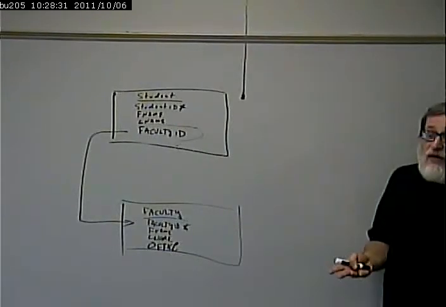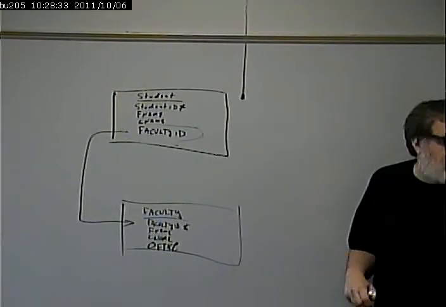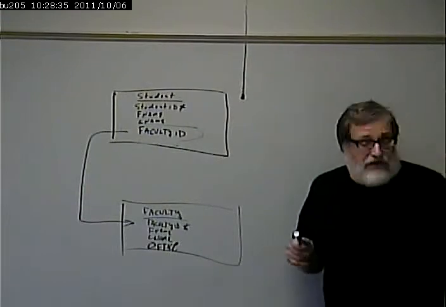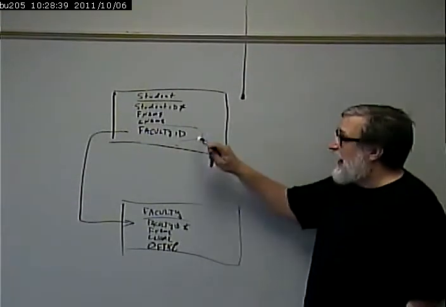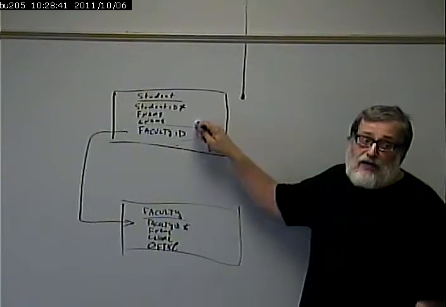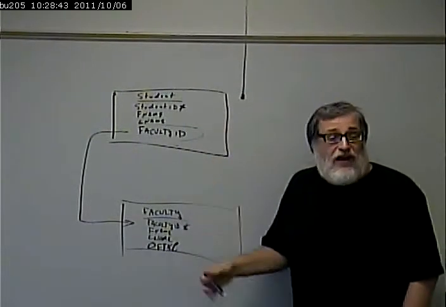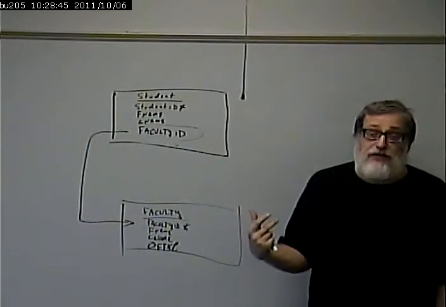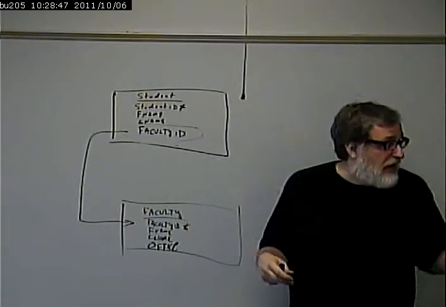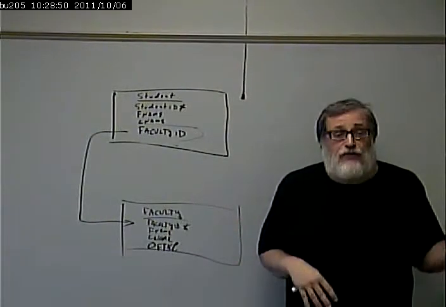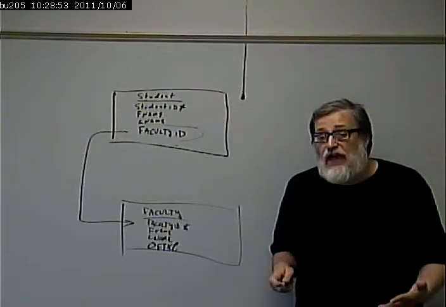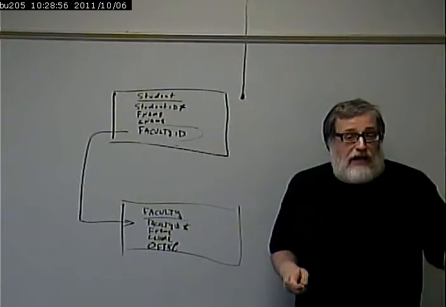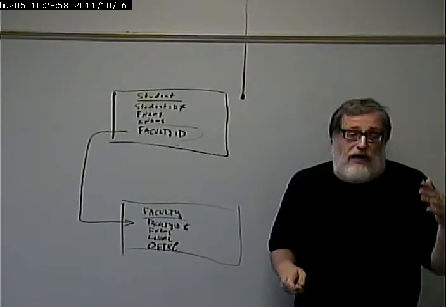You can also, and it isn't really relevant in this case, but you can also cascade delete. In other words, if I were to delete the faculty member, I could delete all the students that were advised by that faculty member. That's probably not a good idea in this particular case, because just because the faculty member retires or whatever is removed from the faculty table doesn't mean that you would go in and delete all the students. All right?